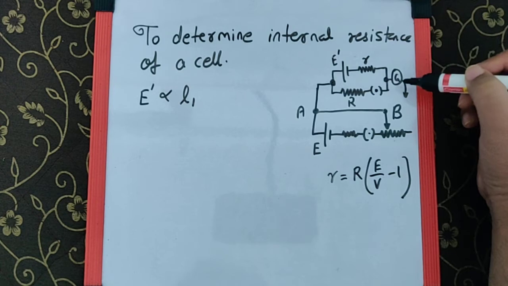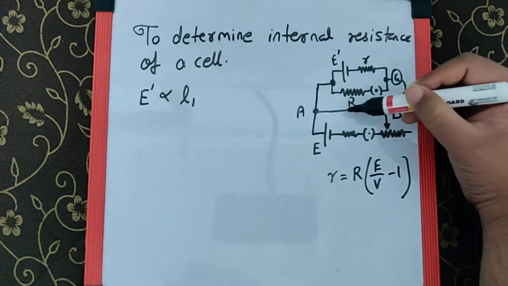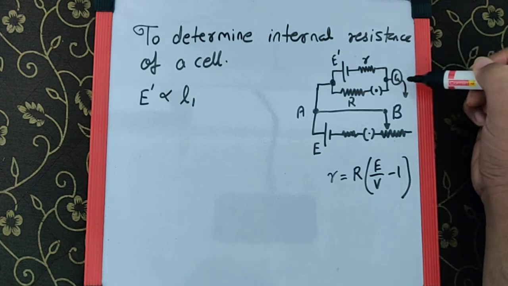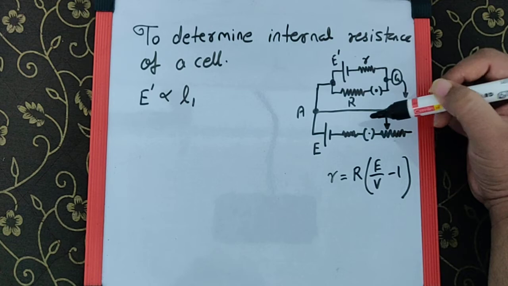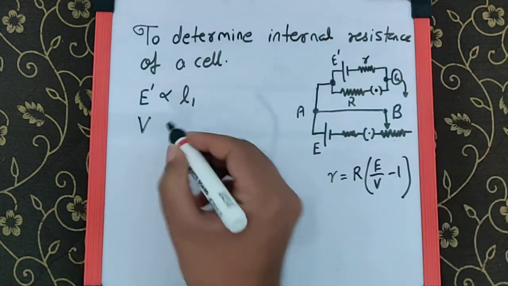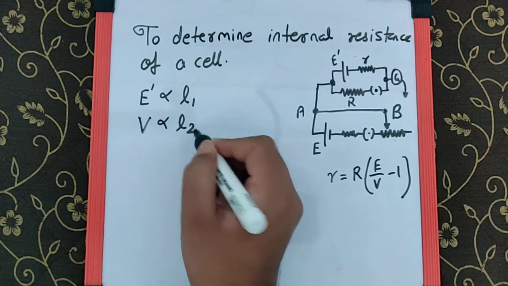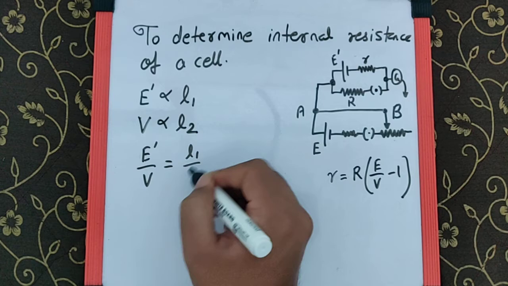Correct? The jockey can be tapped again from wire A to B. A null point can be found where the galvanometer shows zero deflection, and we can measure that length from A as L2, and we can say the potential difference of the entire circuit is measured by L2, and that means E dash by V becomes L1 by L2.